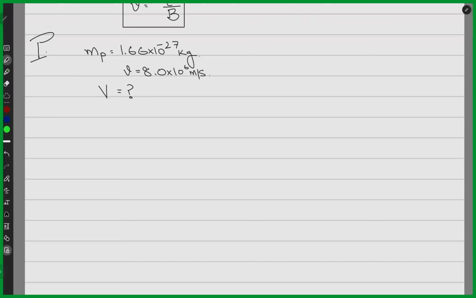Okay, so think about this, that we want to give it some speed, right? And what we're doing is we're applying some potential difference. Potential difference corresponds to the electrical potential energy, right?